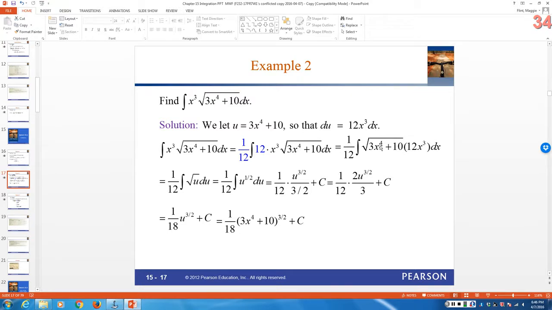So basically you're going to take this expression and say that this is actually 3x to the fourth plus 10 in parentheses to the 1/2 power, which means that you're going to bring that 1/2 power up to 3/2 by adding 1 to it, and then you're going to divide by 3/2, and that 1/12 just keeps trucking along with the problem.